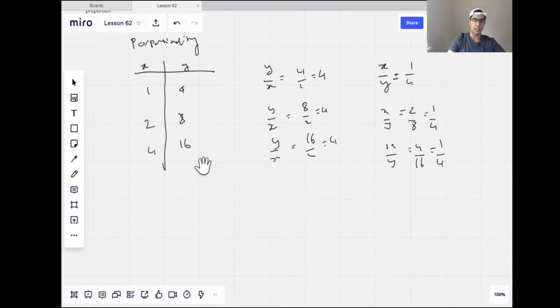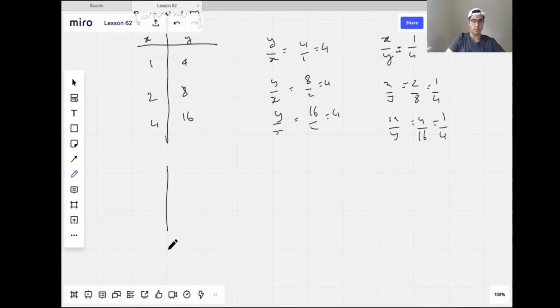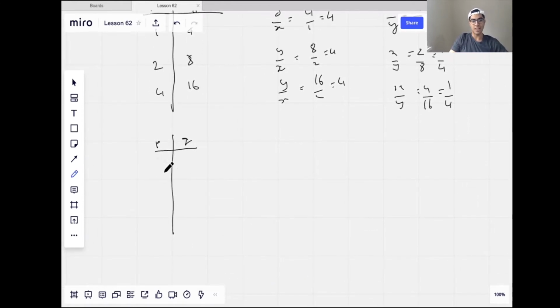If we look at another example, let's say p and q. We haven't used p and q yet. If p is 1, q is 3. If p is 2, q is 6.